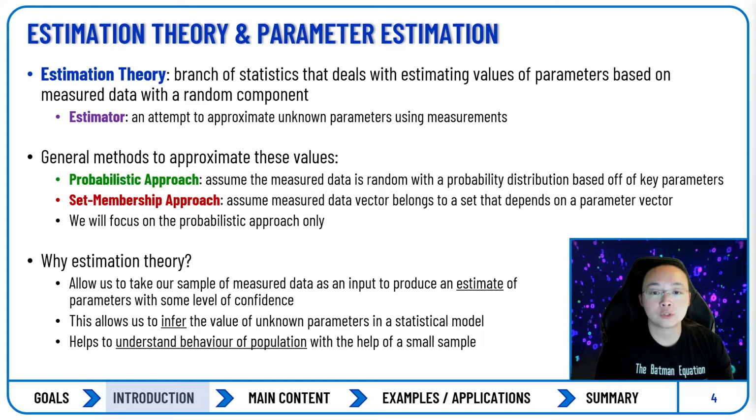It also helps to understand the behavior of a population with the help of a small sample size. In many cases, you are not going to be able to take so much data. You can only grab so much data, and you'll have to make inferences about the population. So we can create a model to represent our data, go through estimation theory and predict the best fit parameters for our situation, and use that new model to predict behaviors within a larger population.